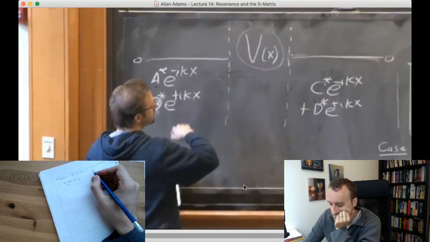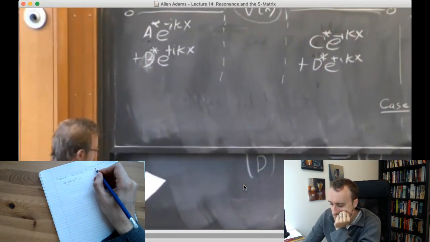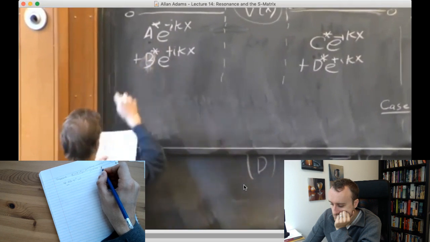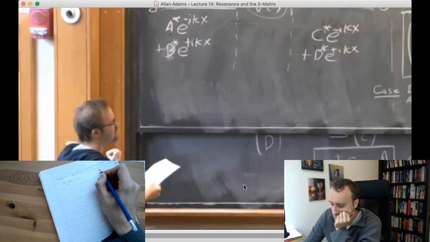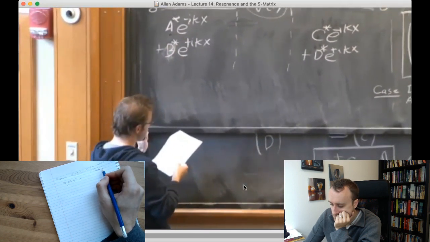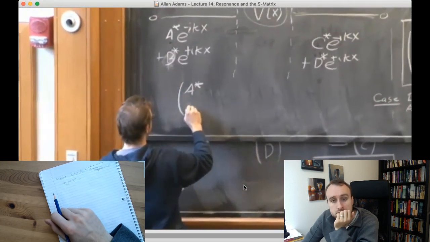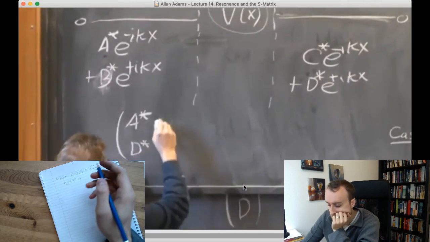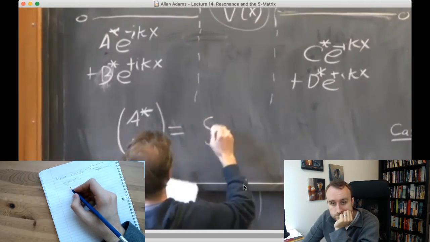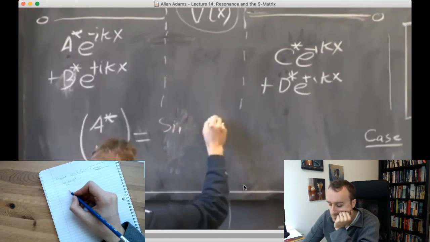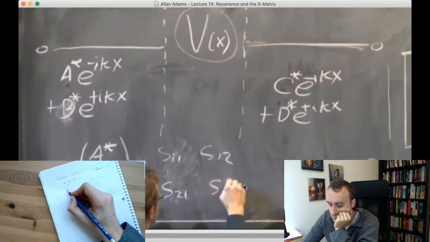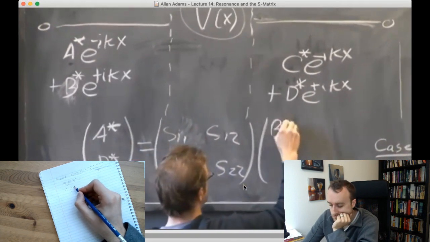And when you put the conditions together, which you'll do on the problem set, another way to say this is the same solution with k to minus k, and with A and B replaced by their complex conjugates, and C and D replaced by each other's complex conjugates. Then this implies that A and D, which are now the outgoing ones because we've time reversed, are equal to S, which I'll write out explicitly as S11, S12, S21, S22, times B star and C star.